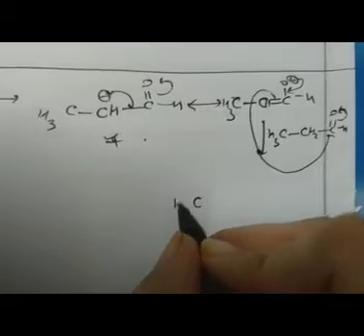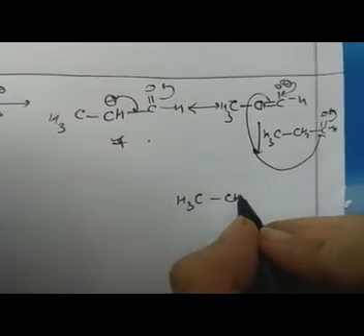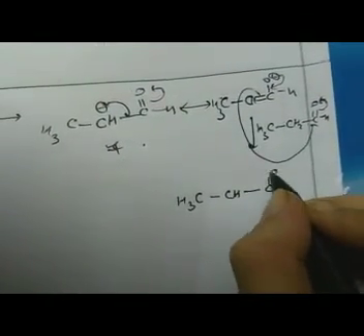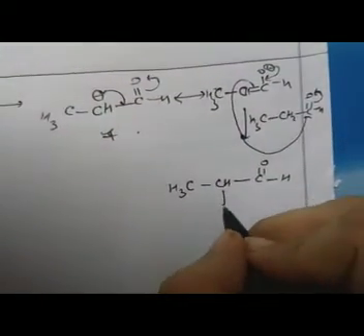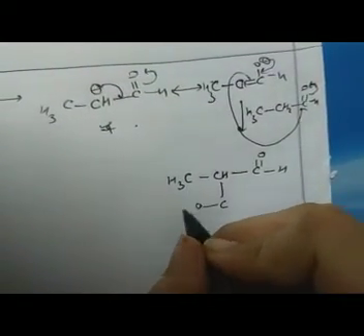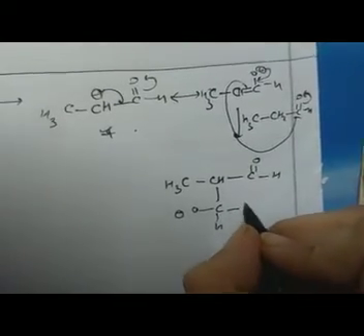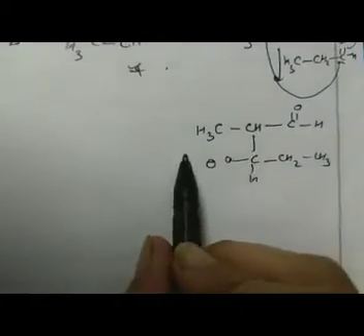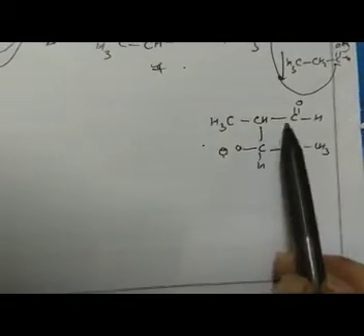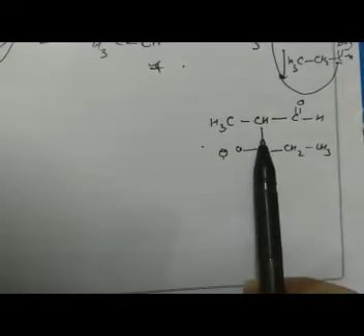And this is formed. Then this O negative gets protonated with the water in the vicinity, and OH is formed, and then again OH minus comes, takes the proton, and this OH leaves by E1cB mechanism. This is all we have discussed earlier also.